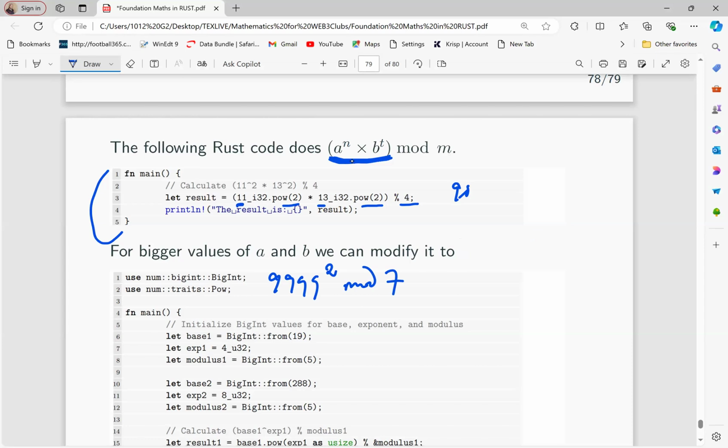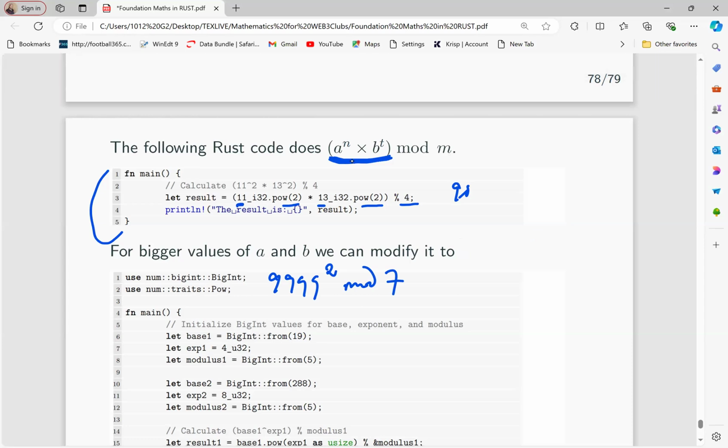This is what we used to do. The code that we have has 999 raised to 2, then mod 7, and this number here is becoming too huge. So what we used to do in our class, we first of all used to reduce this number. Then the number that we reduce, we now raise it to 2.